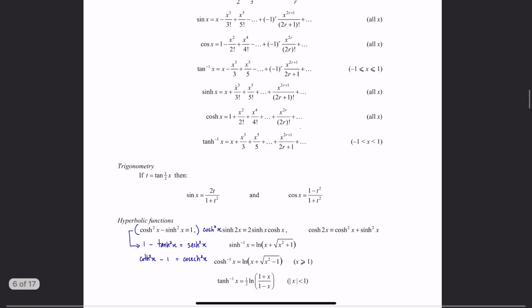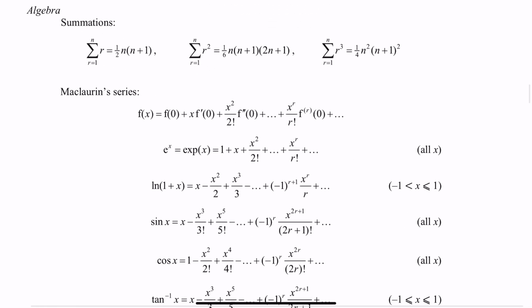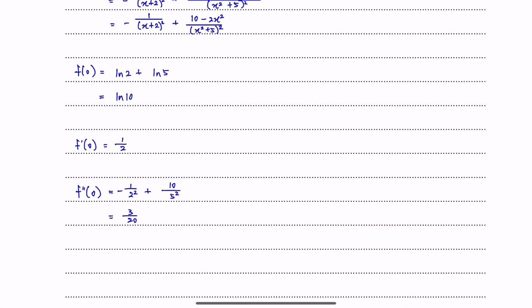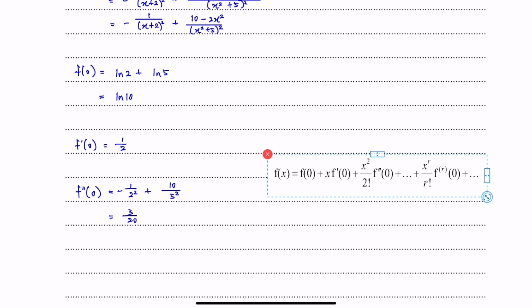So now we just look at the formula booklet, and we know that for Maclaurin series, we just need to use this equation. I'll paste it here.